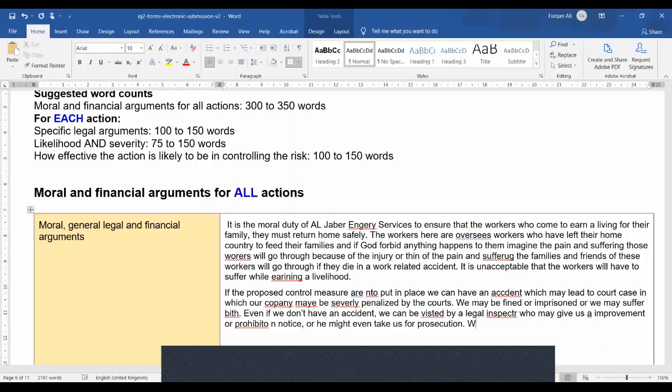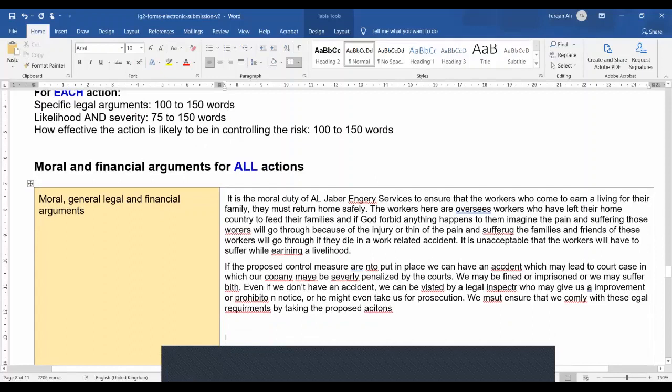We must ensure that we comply with these legal requirements by taking the proposed actions.